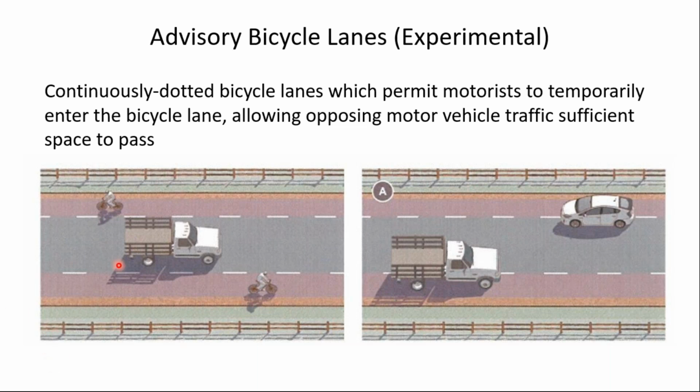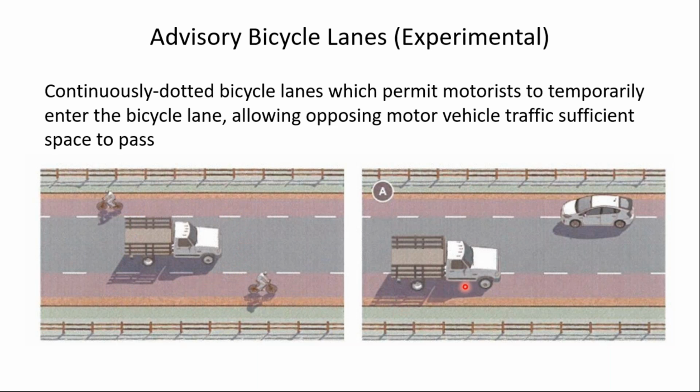So notice you see here on the left, a relatively narrow roadway, not really wide enough in terms of striping for traffic to accommodate two vehicles in the opposite direction. And then we have the shoulder for bicycle use.